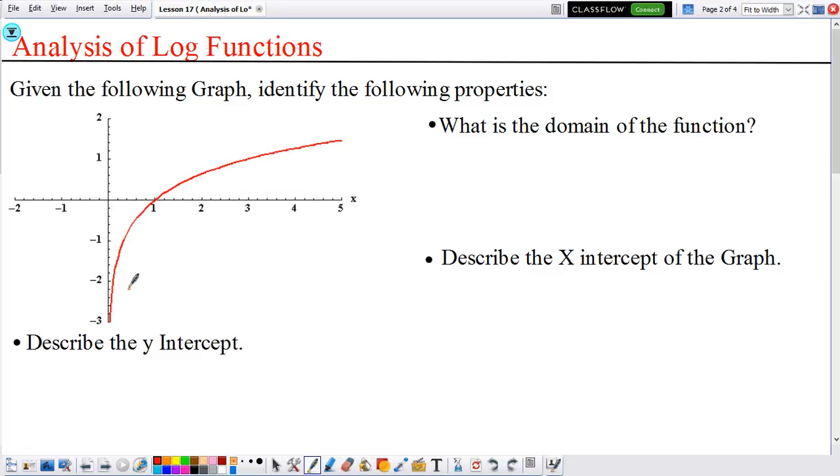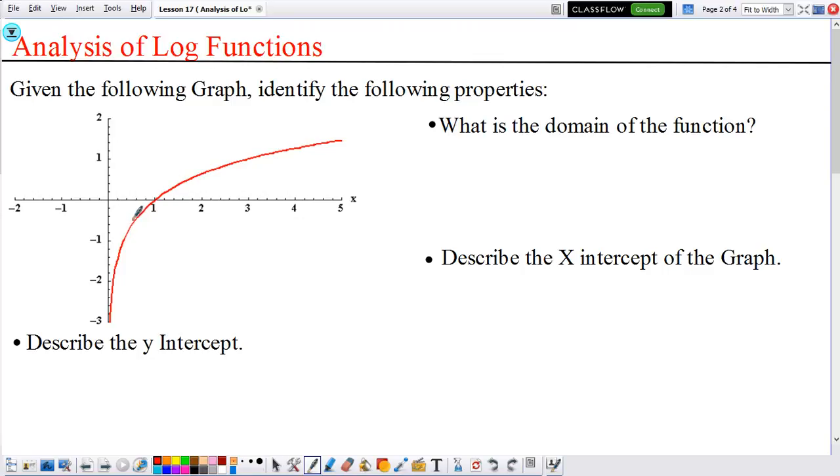As we go farther along the x-axis, the y points increase, but at a lower rate. Here the y's increase so fast that you have this almost vertical line. As we go to the right, the y's are still increasing, but at a lower rate. This is the main idea of a logarithm function.